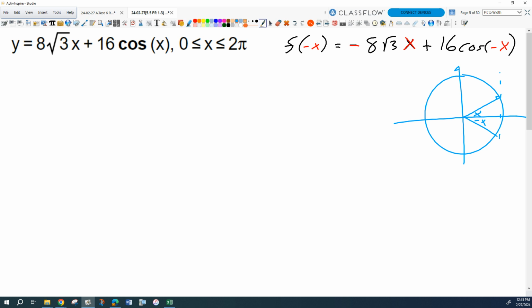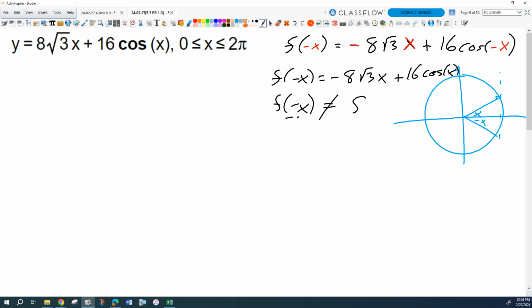Well, this just becomes f of negative x equals negative 8 square root of 3x plus 16 cosine of x. The cosine of negative x is equal to the cosine of x. Okay? So then f of negative x is not f of x, so it's not even symmetry, right?